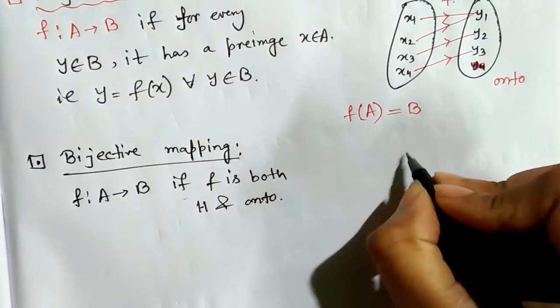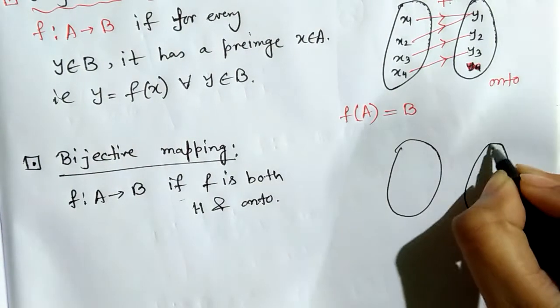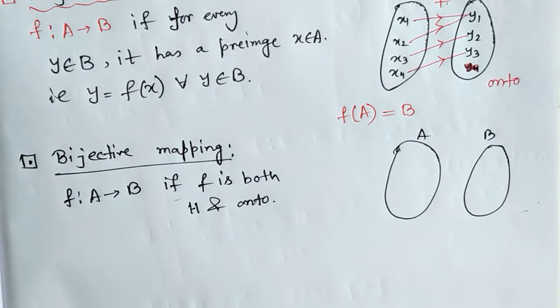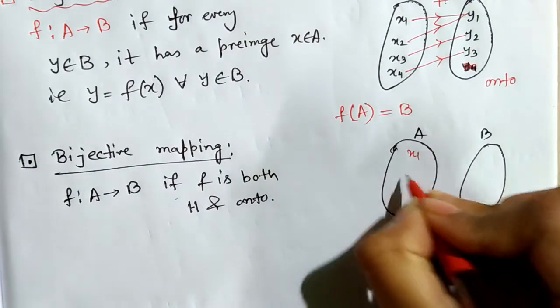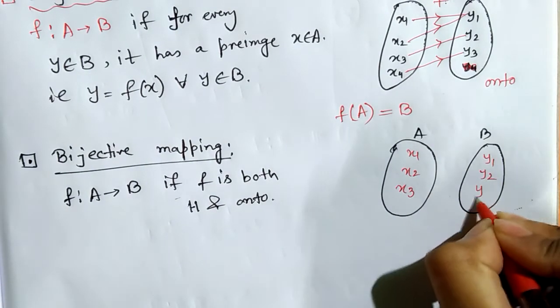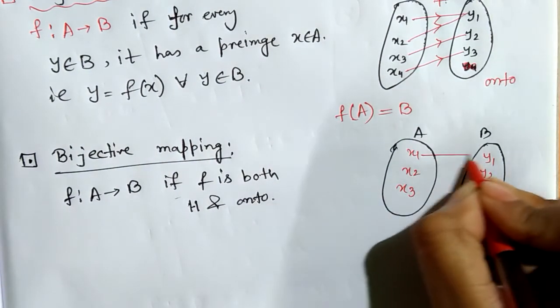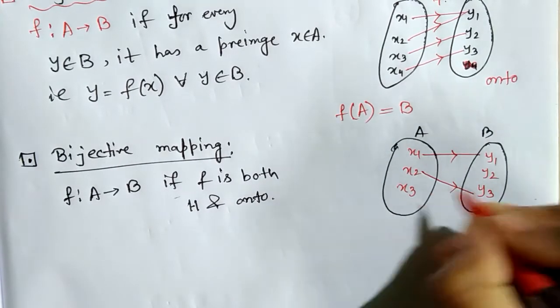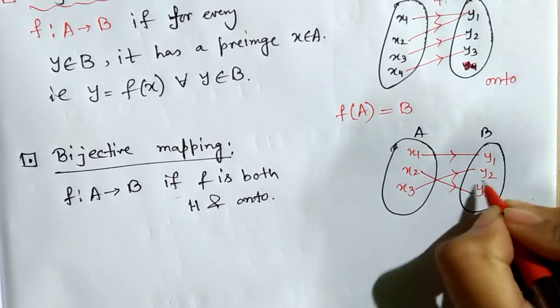So the figure will be like this. Suppose this is A, this is B, this is x1, x2, x3, y1, y2, y3. x1 goes to y1, x2 goes to y3 and x3 goes to y2.